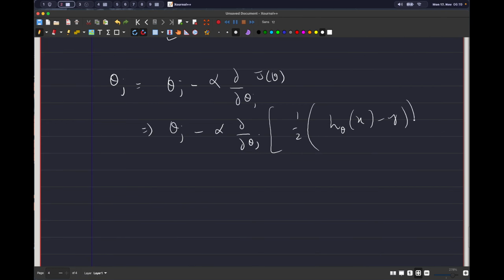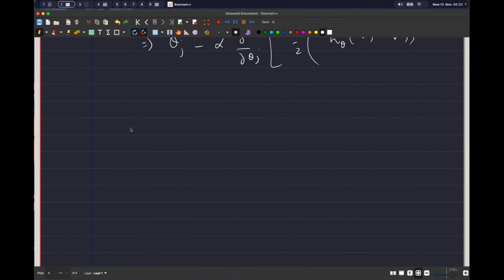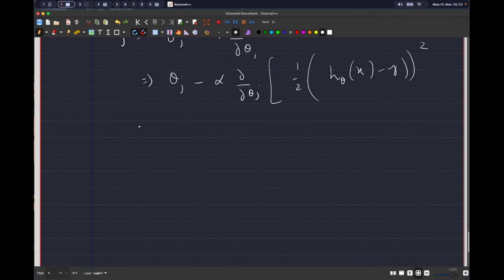We already defined a loss function, here. This is for the entire training sample. We are just taking only one of them, for ease of differentiation.